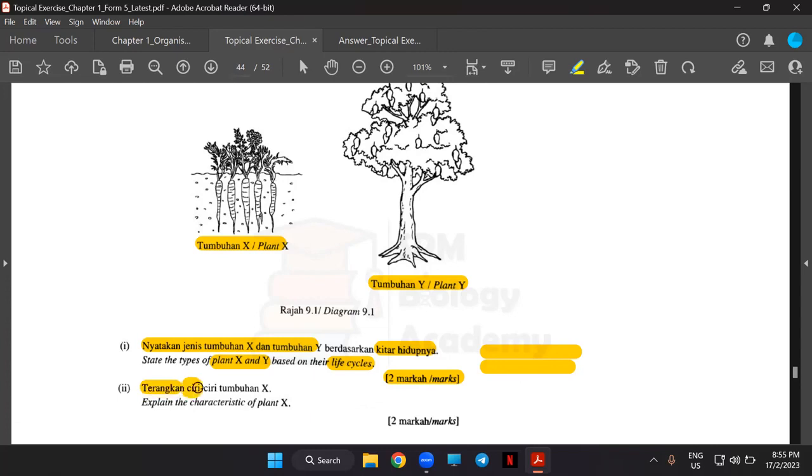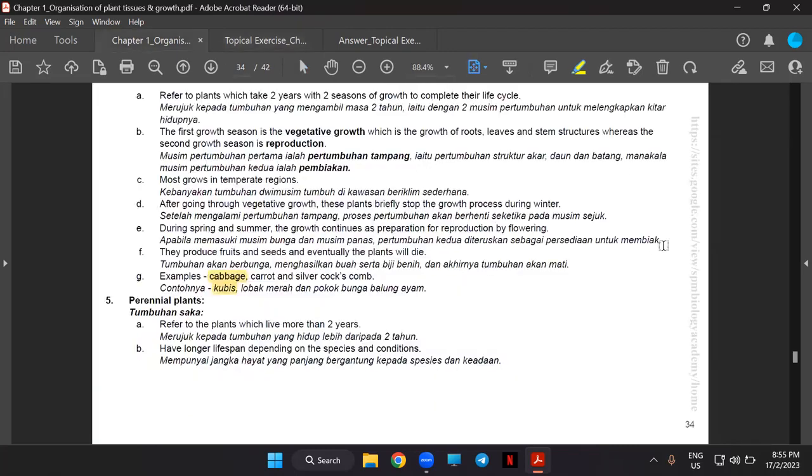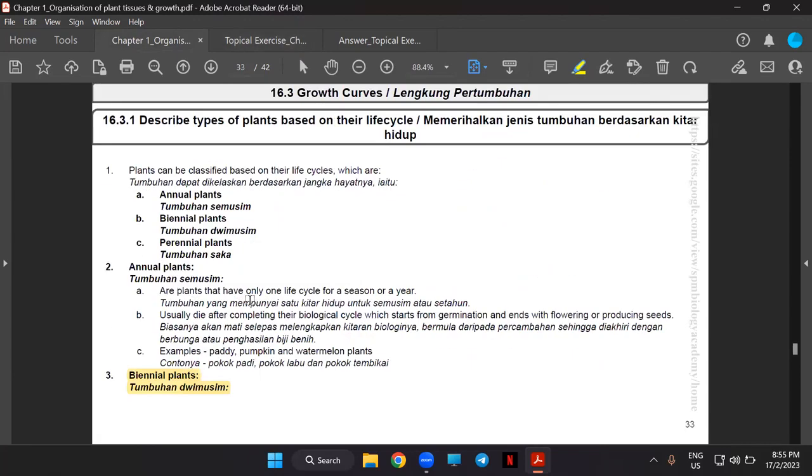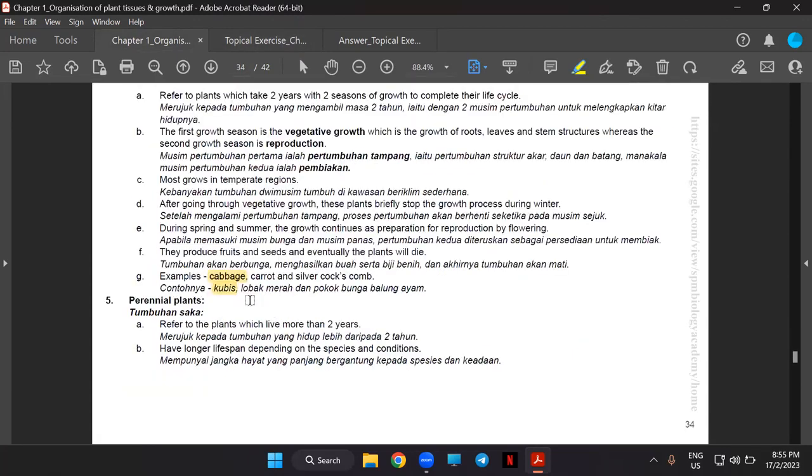Terangkan ciri-ciri tumbuhan X. Explain the characteristics of plant X. 2 markah sahaja. Ciri-ciri tumbuhan X. Apa ciri-ciri tumbuhan X? So, kita ambil daripada nota kita. Biennial plant. Okay, tumbuhan dwi musim. Okay, wait now.